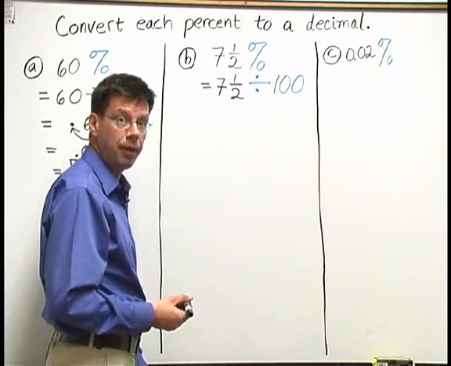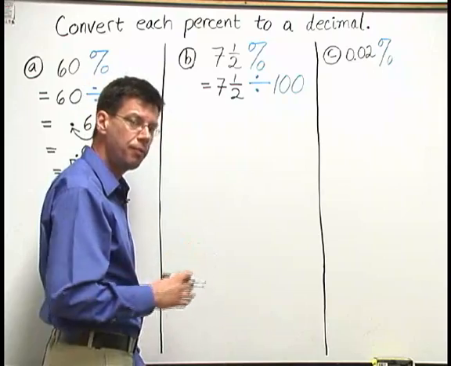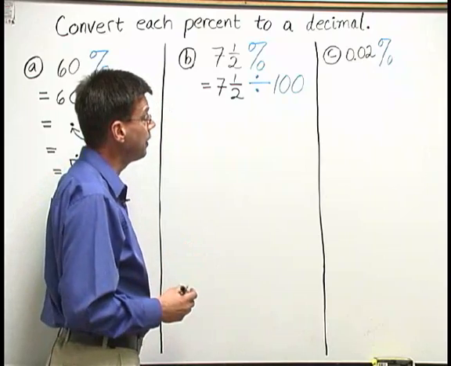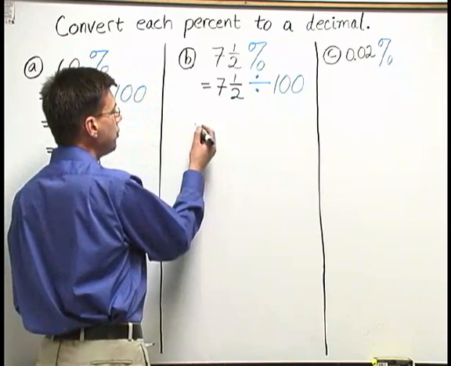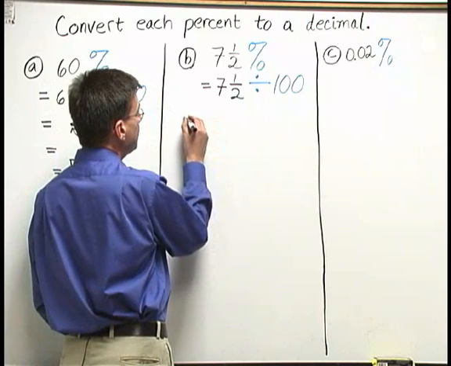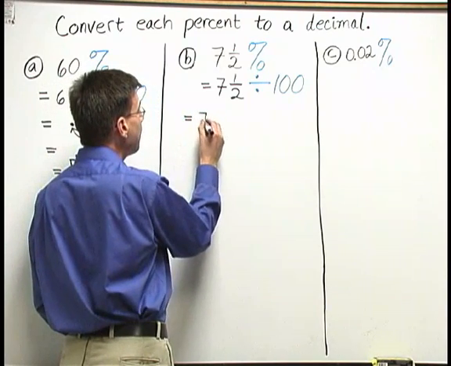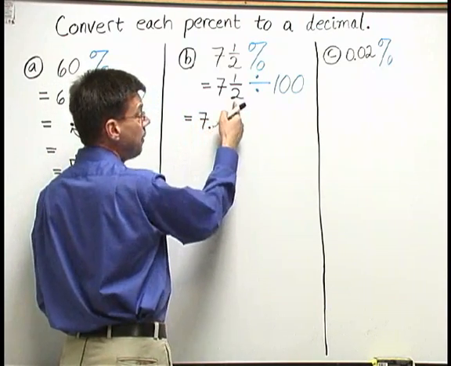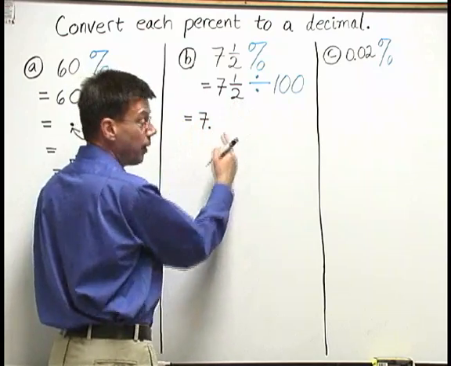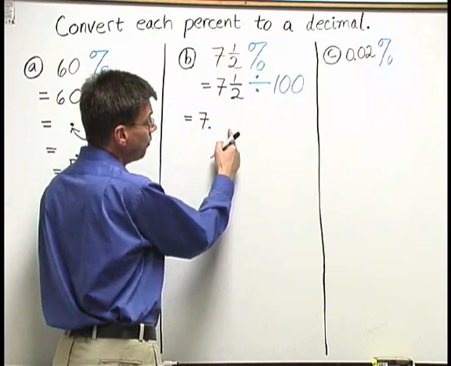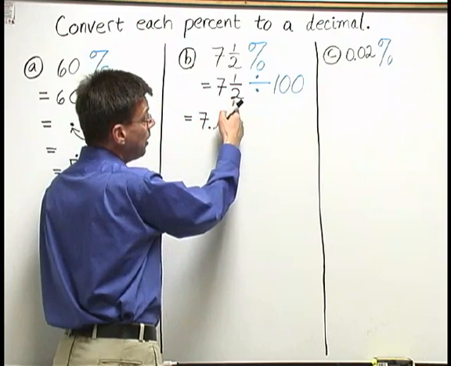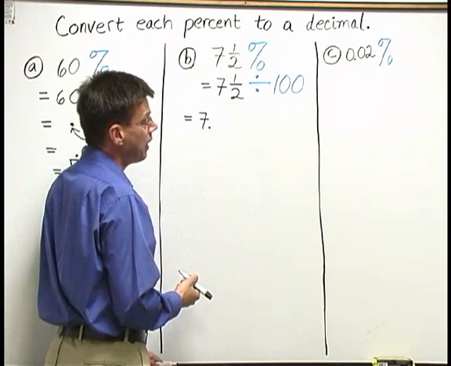I hope you have that memorized, but if you don't remember the decimal for 1/2, we can figure it out. I do know that it's going to be 7 point something.